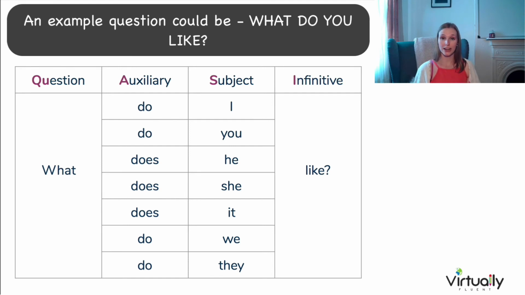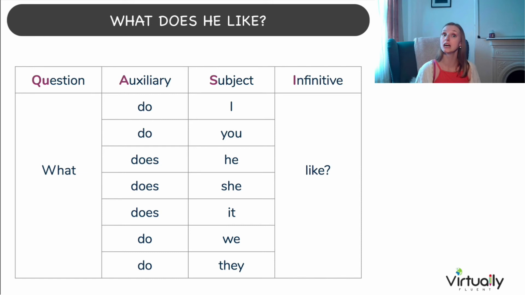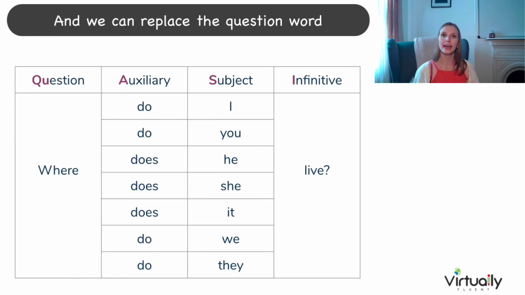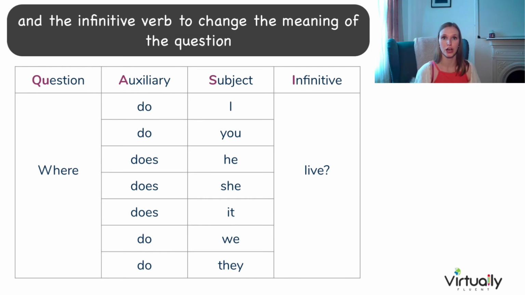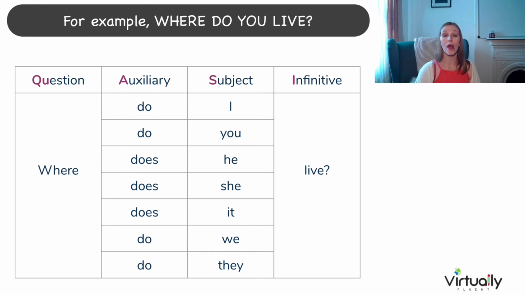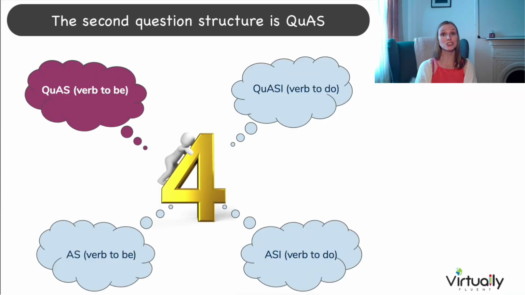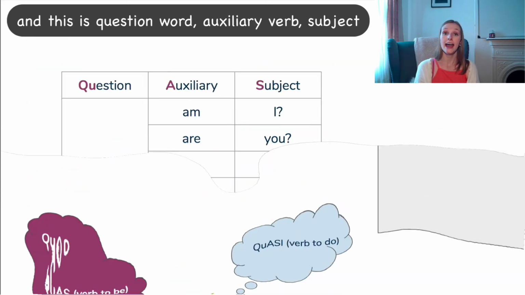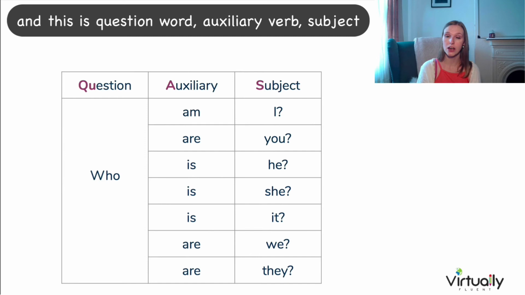An example question could be, what do you like? What does he like? All 4 parts. And we can replace the question word and the infinitive verb to change the meaning of the question. For example, where do you live? Where does she live?